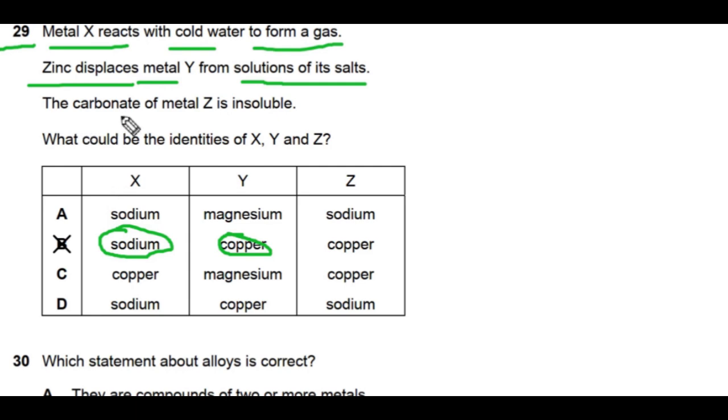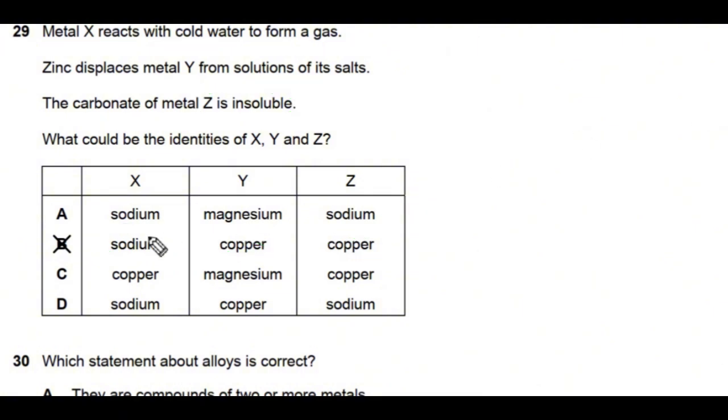And the carbonate of Z is insoluble, so copper carbonate is insoluble, but sodium carbonate is soluble. Which compound could be identified as X, Y and Z? So sodium, copper, this B is the right answer.